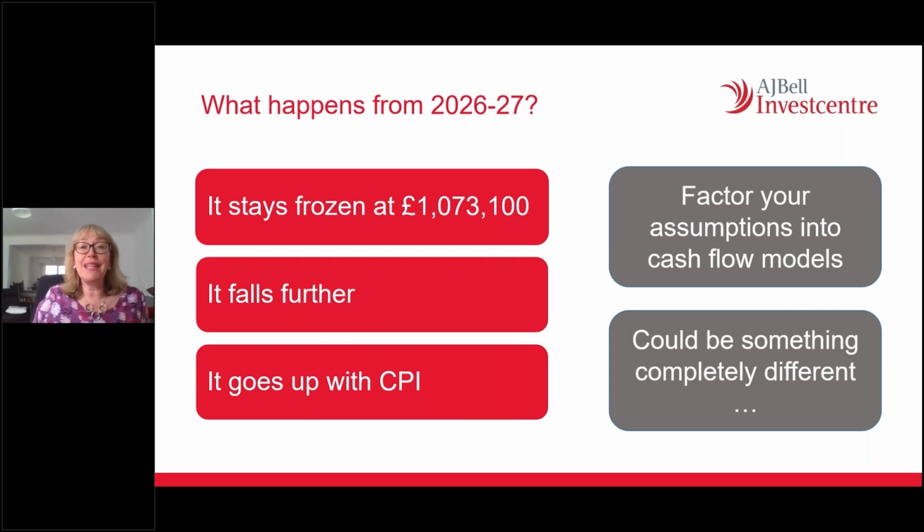People have suggested that it may even fall before 2026, 27. And I think that might be the case. There's a lot of lip service being paid to the idea that we're going to see some changes to pensions tax relief over the next few years. But actually, in truth, it's really quite a difficult thing for the government to pull off, especially for defined benefit schemes.